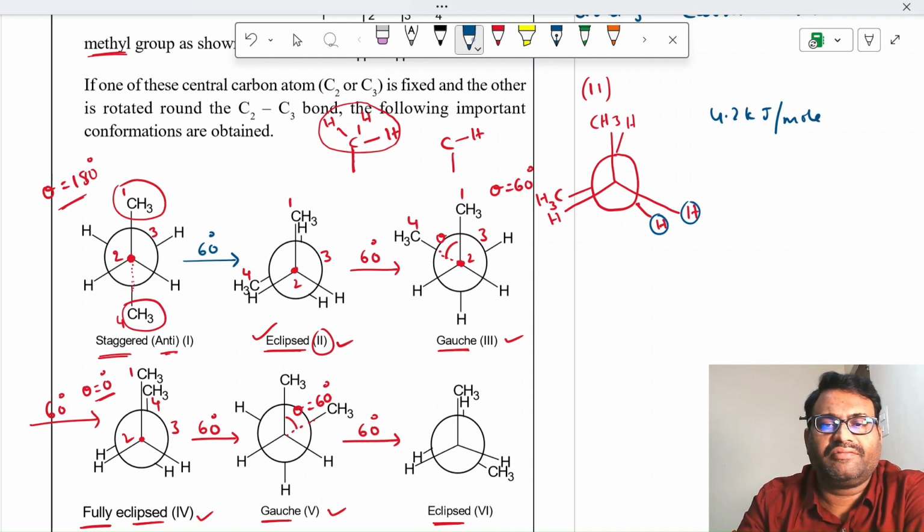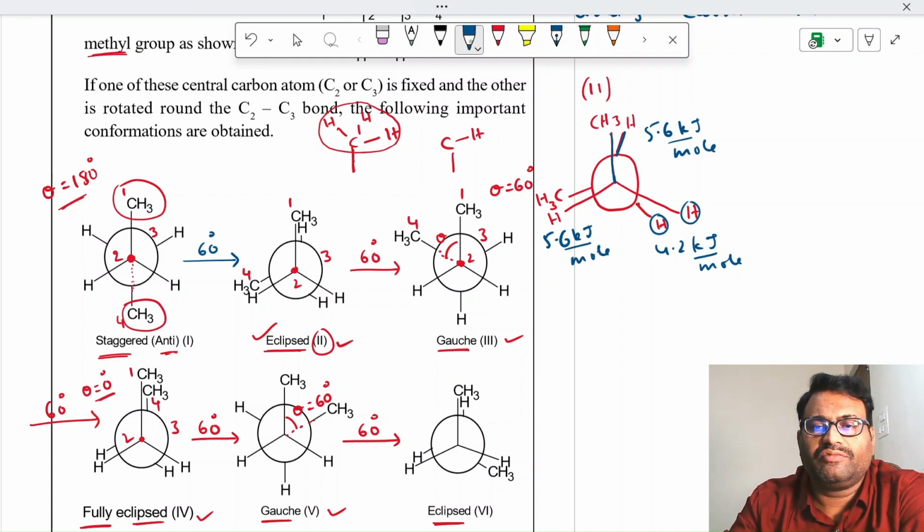Here, this is CCH3, this is CH. Okay. Then how much energy is increased due to this? Here it is 4.2 kilojoule per mole. Here CH and CH3, this is 5.6 kilojoule per mole. Here also 5.6 kilojoule per mole.